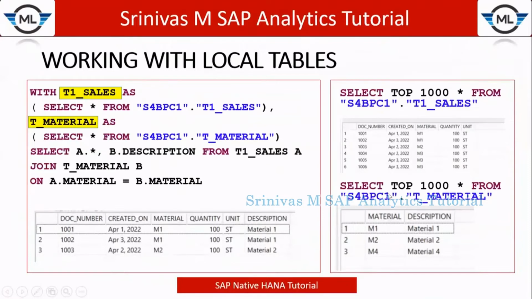And I have another table called T_material, where I have the material and its description. Now what I am going to do is write one SQL statement in my command prompt where I bring data from the sales table separately and from my material table separately, and later join these two tables to get my desired output.